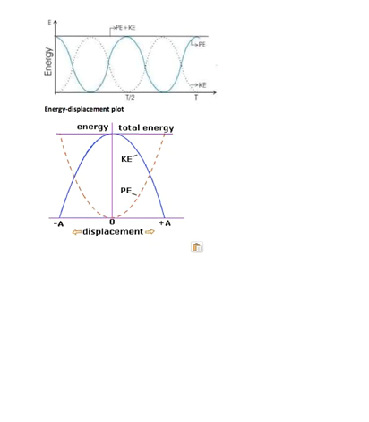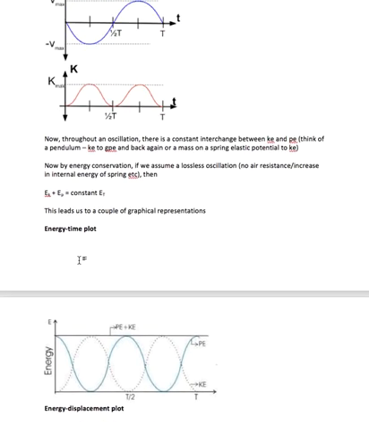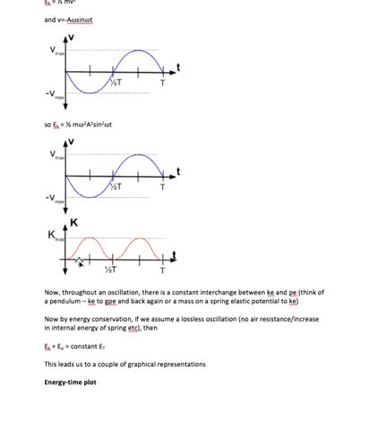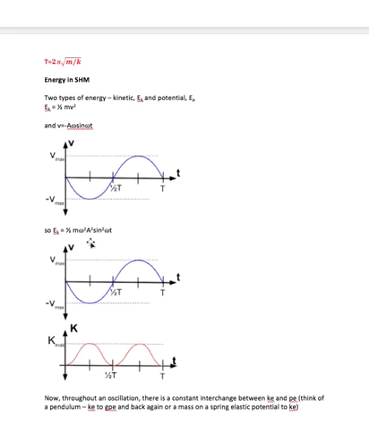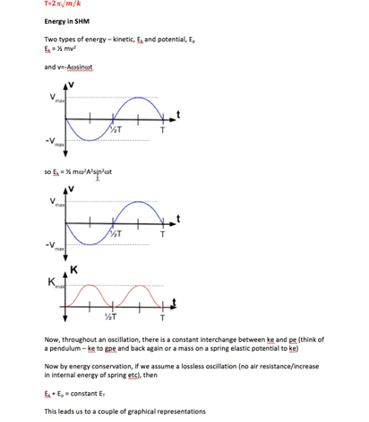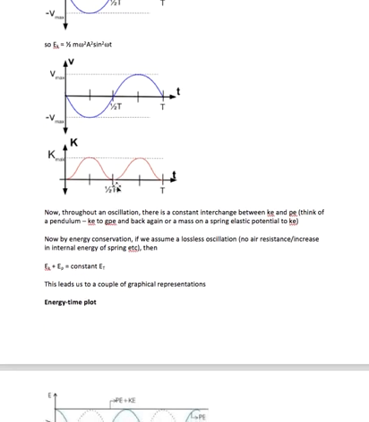So if we develop our argument then in terms of total energy, the maximum kinetic energy is going to be a half m omega squared A squared. If you look up here, then sine squared has a maximum of 1, and so the kinetic energy will be half m omega squared A squared.